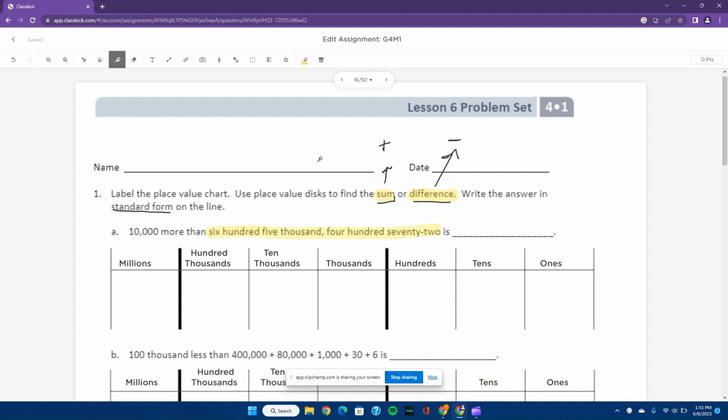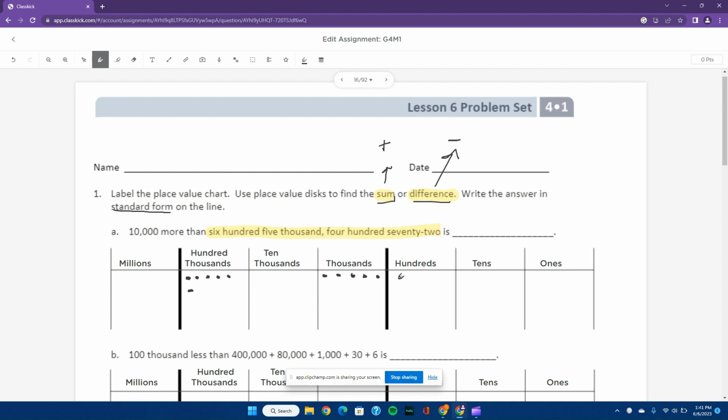It reads 605,472. So I need to go ahead and place that into my place value chart. 605,000. So that would be a 6 in the hundred thousands. Doesn't say anything about any amount of 10,000, so no 10,000s. 5,000s. 472.